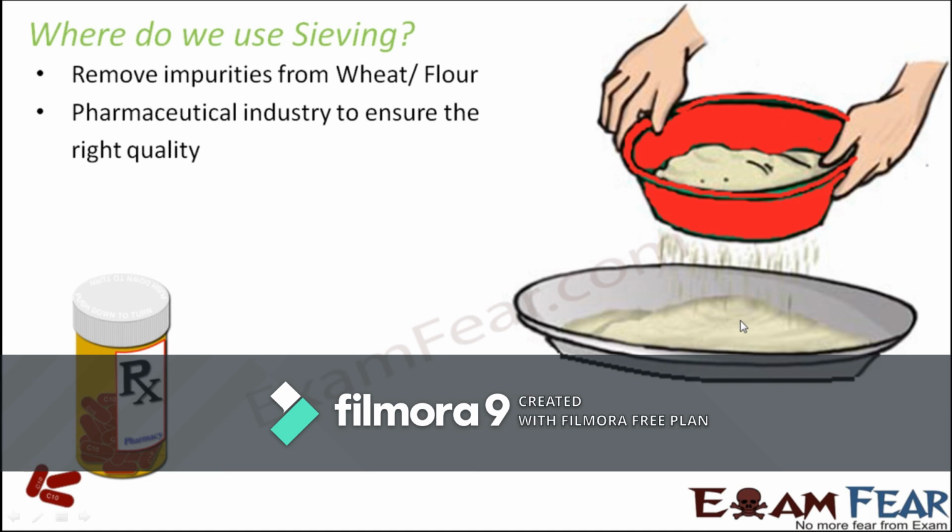That is why it is very important to ensure that there are no impurities. Throughout the production of medicines, it is always ensured that impurities are removed, and for this removal of impurities, in a lot of places the process of sieving is utilized. So sieving is quite beneficial.